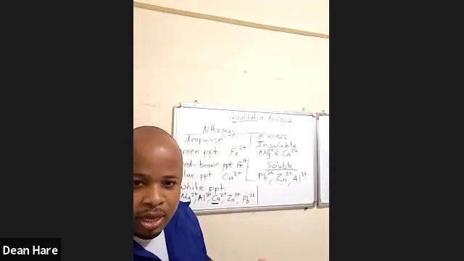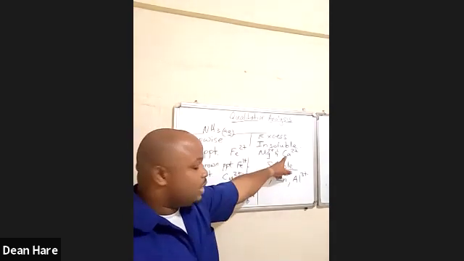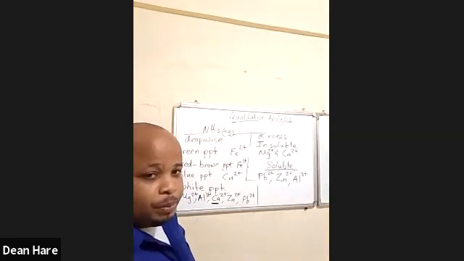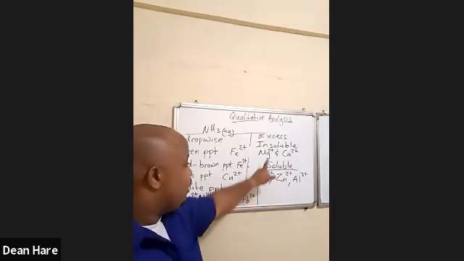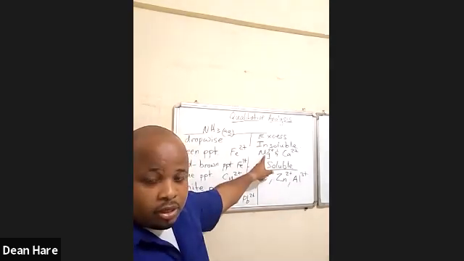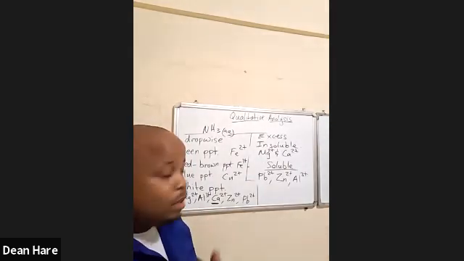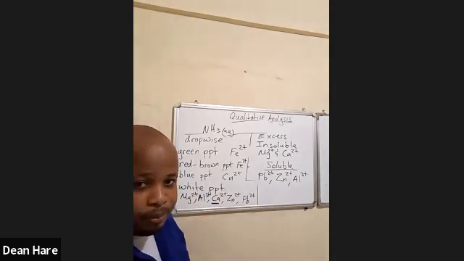If we add the ammonia and we don't get a precipitate, then we know that it is calcium. If we get a precipitate that does not dissolve in the ammonia, it's magnesium. So this is how we're going to use ammonia solution to narrow down and identify our cation.